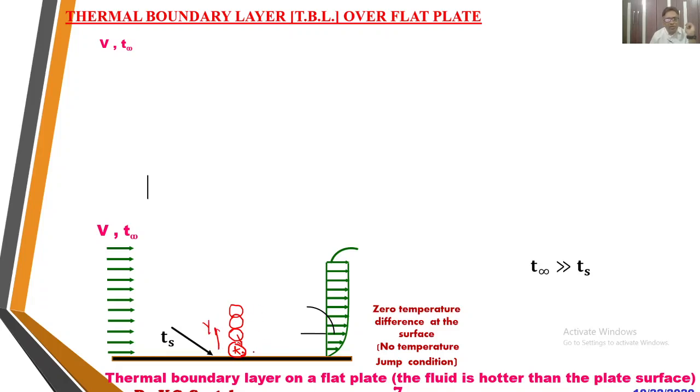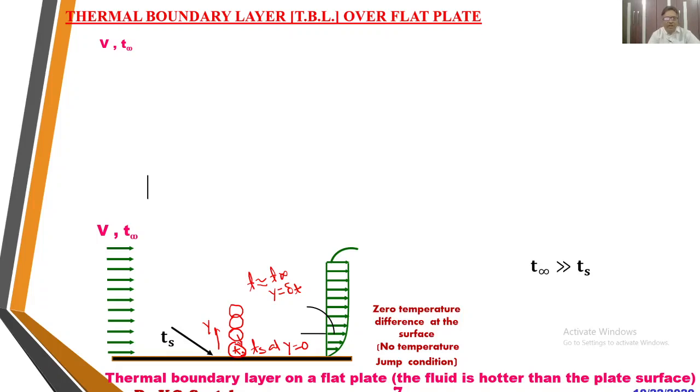Temperature of the fluid varies from Ts at y equal to 0 to almost equal to free stream temperature at some distance, and this distance is called the thermal boundary layer thickness.